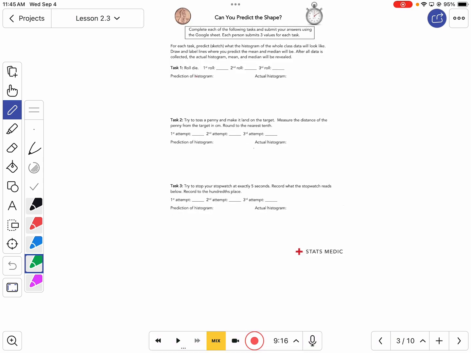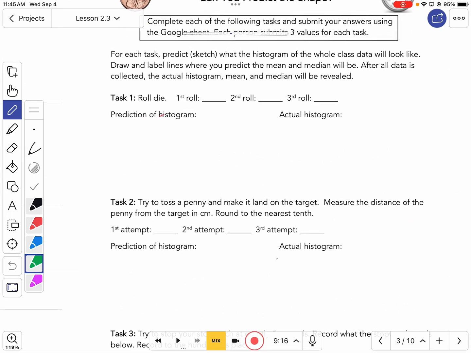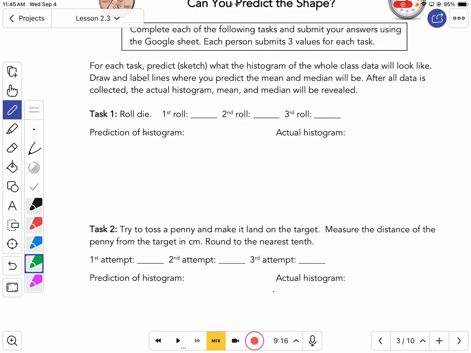So let's see what we get. We're going to do a couple of things. I think I got some number cubes, so let me get those out.